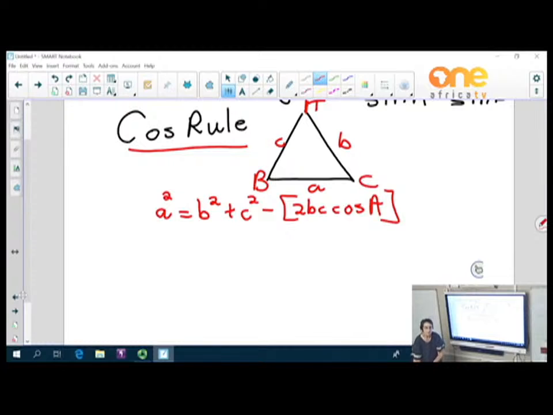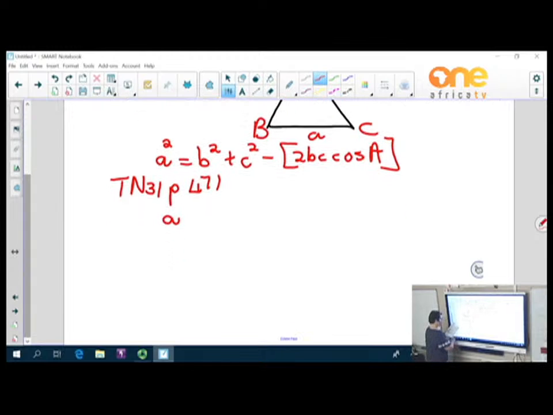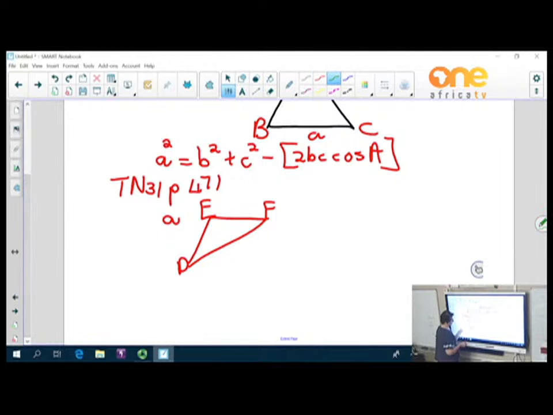Now, I would like you just to look on page 471, and this is then Try Now 31. And this is just to find the sides and write the sides. So we're just looking at number A. So you have the triangle DEF, and we have to label now the sides and the angles.